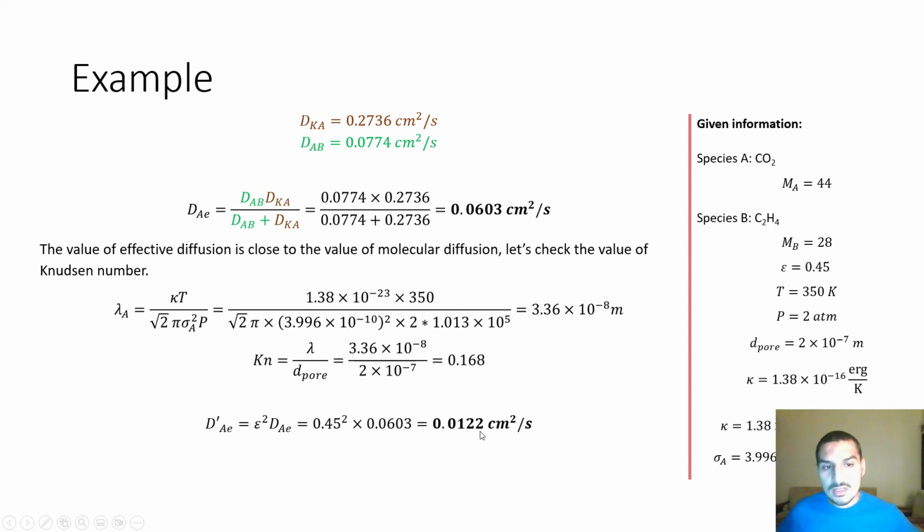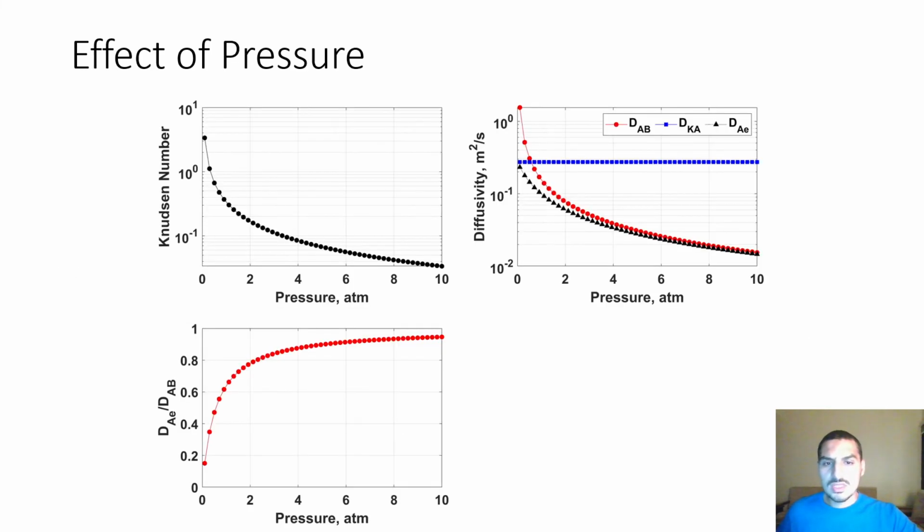One last thing I want to mention in this problem, which is something that is noteworthy actually, which are these graphs. So this graph is already in the textbook. You can check it in the solution. So it tells us how the Knudsen number changes with the pressure.